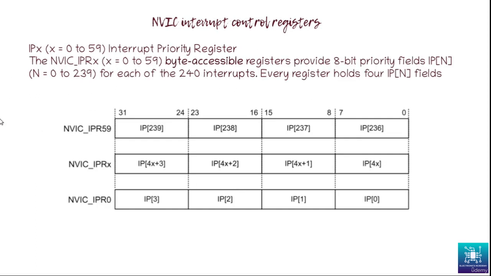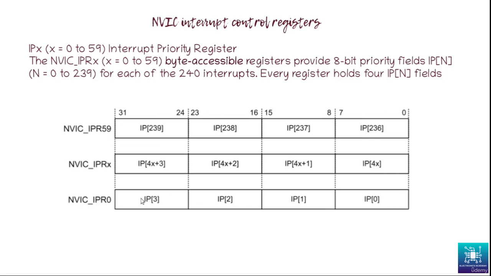Now again, this is the interrupt priority register as we saw in the SCB, and these registers are again byte accessible, and you have 59 or 60 registers which are byte accessible, and they provide 8-bit priority fields for each of the 240 interrupts, and every register holds 4 IPR fields.